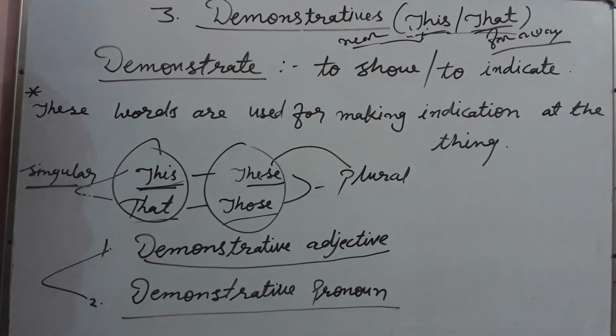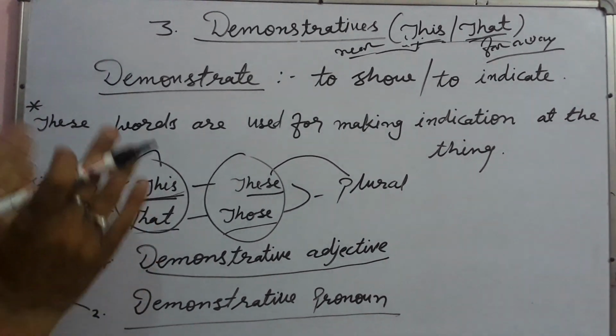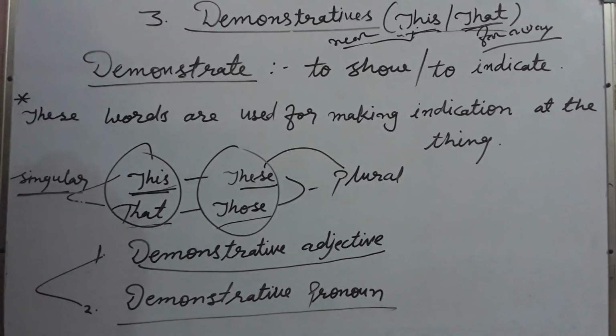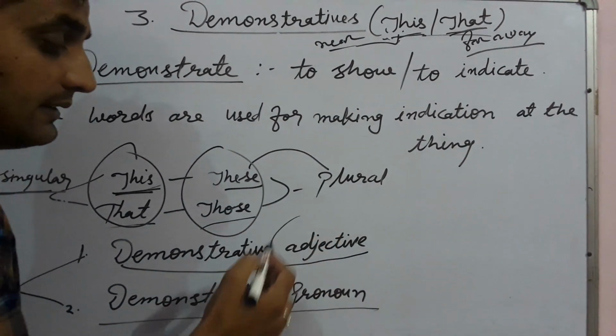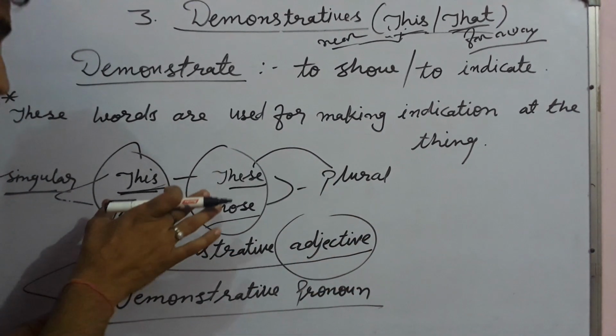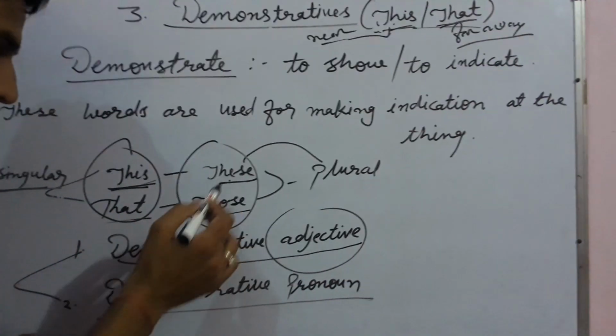So the thing is the same as we discussed in the last kind of pronoun, that was possessives. What are demonstrative adjectives? These words, I mean this or that, these or those.